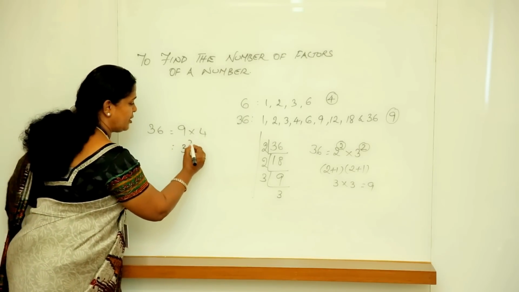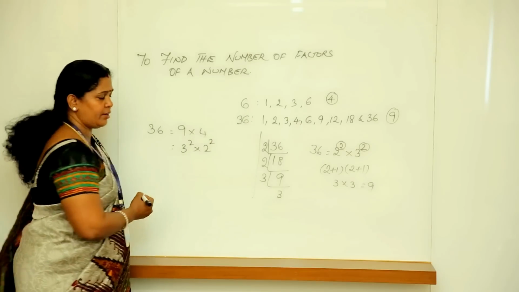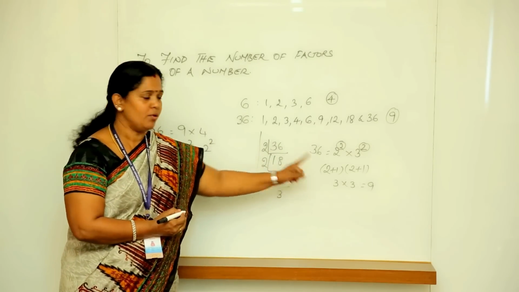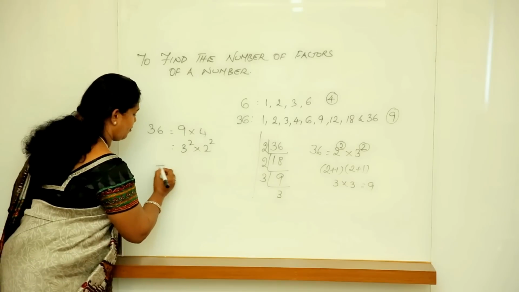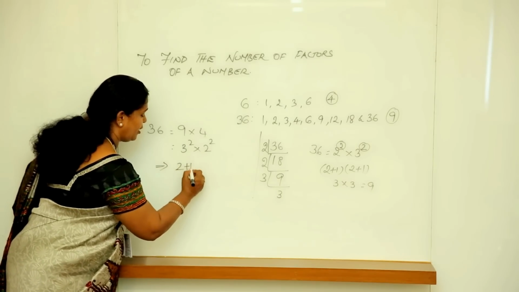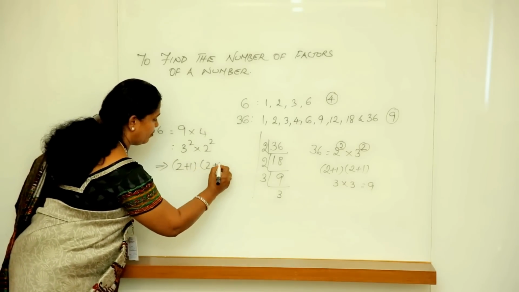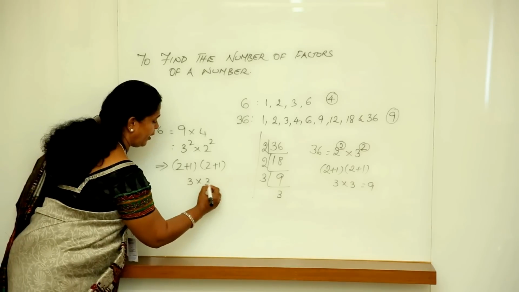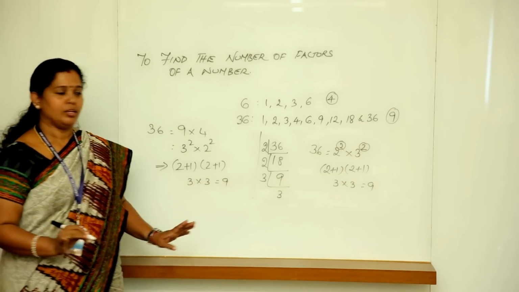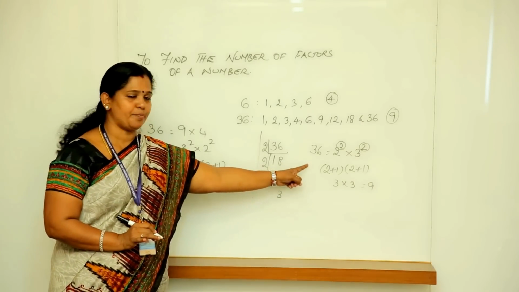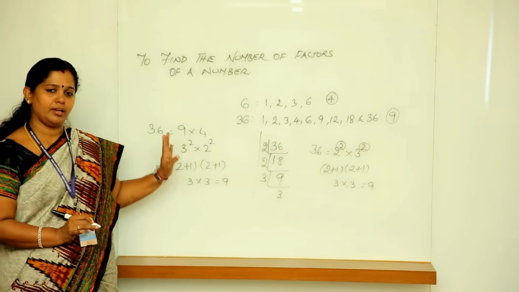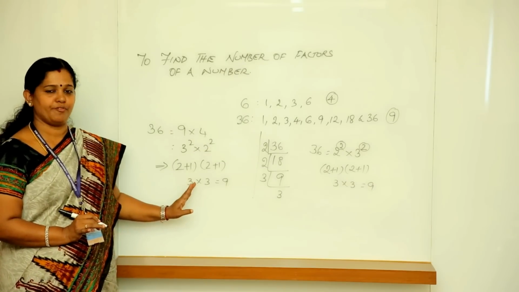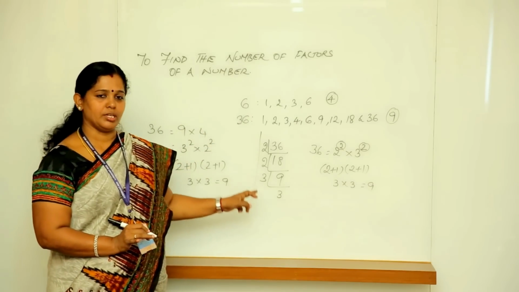This is 3 square into 2 square. We have come to this form now. Again, the number of factors can be concluded by adding 1 to the powers, which becomes 9. Simple. So, either use L-shaped division to get the prime factors, or directly conclude the numbers and get to the prime factors. Now, this is for 36.